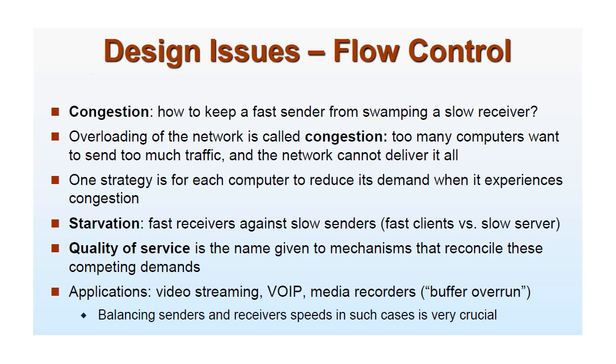To identify and recover from all these things, we have to have some kinds of applications, through which we send it: video streaming, VoIP, media recorders, like that. So it is balancing the senders and the receivers at the same speed when there is a crucial situation. Clear?